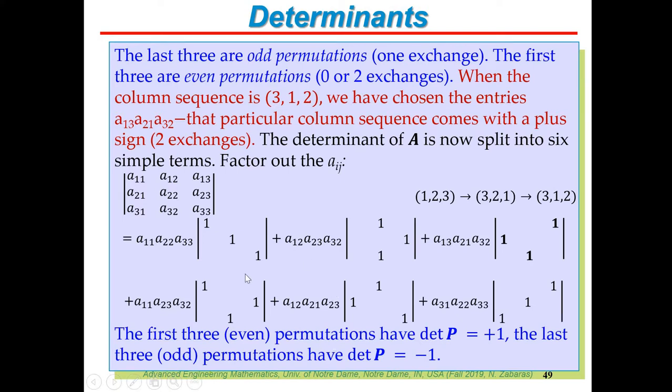If we concentrate on the 4th term, you notice on row 1 I have column 1, on row 2 I have column 3, and on row 3 I have column 2. So it requires only one exchange of columns 2 and 3, and I'm indicating this above the determinant in this schematic. If there's only one column exchange, that's a sign of -1, and that's how you get 3 positive signs and 3 negative signs.